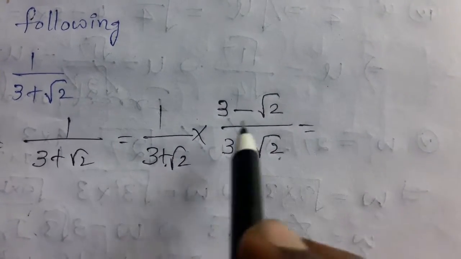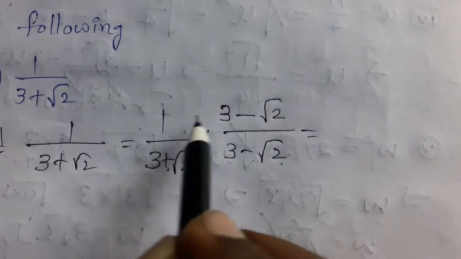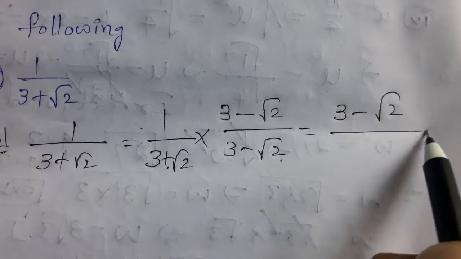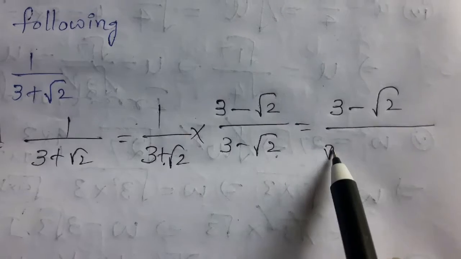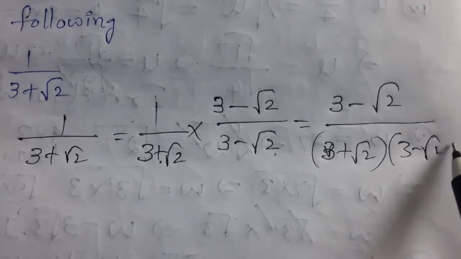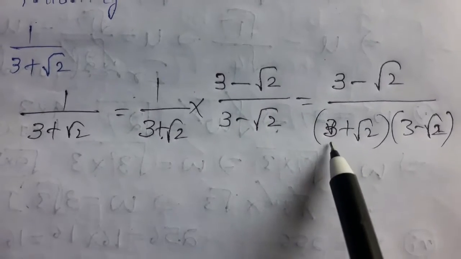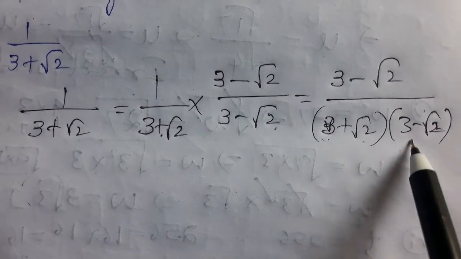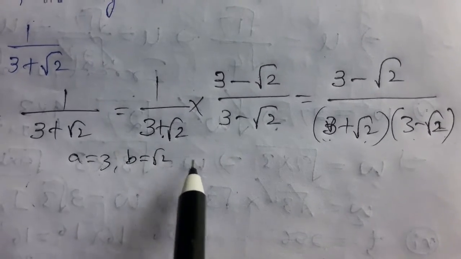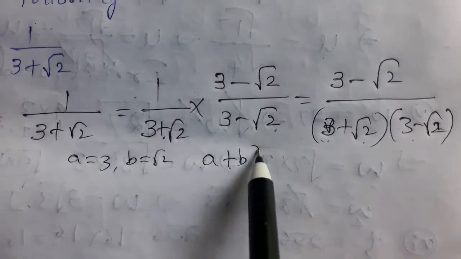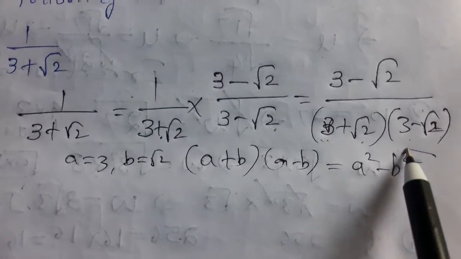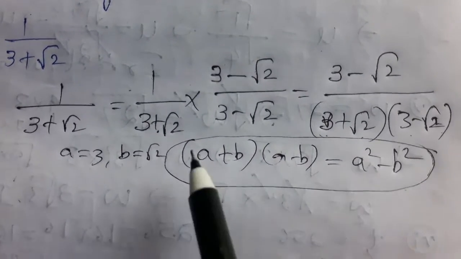Now this is 1 into this, that becomes 3 minus root 2 by 3 plus root 2 into 3 minus root 2. See here a plus b, a minus b form. A value is 3 and b value is root 2. So a plus b into a minus b is equals to a square minus b square. This formula is used here.